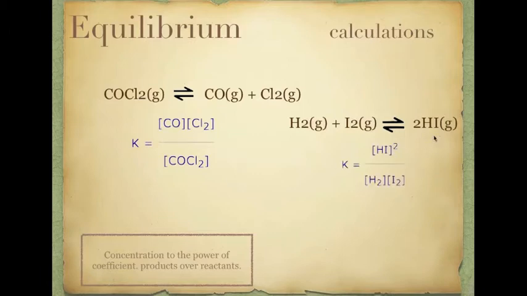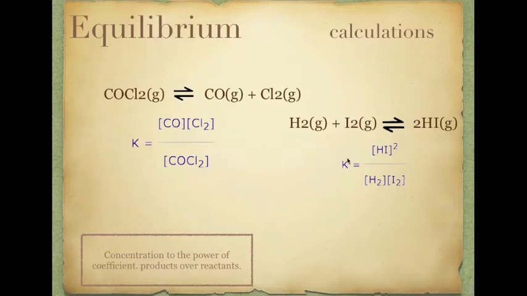Our reaction over here is a bit different. We've got hydrogen and iodine forming hydrogen iodide. For the reaction quotient, or the equilibrium constant, the expression is concentration to the power of the coefficient. The coefficient here is 2, so that's to the power of 2, divided by the concentrations of these two multiplied together.